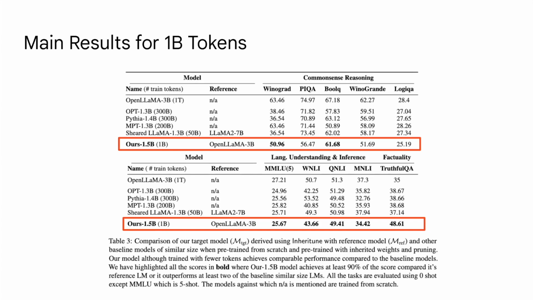The reference model is 2x the size and trained on 1,000 times more data. We also highlight it if we win on 2 out of the 4 small size models, which are OPT, Pythia, MPT, and Sheared LLaMA.